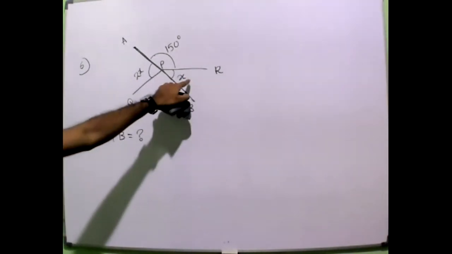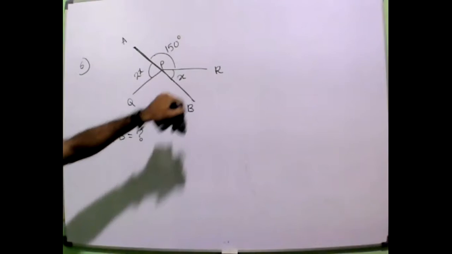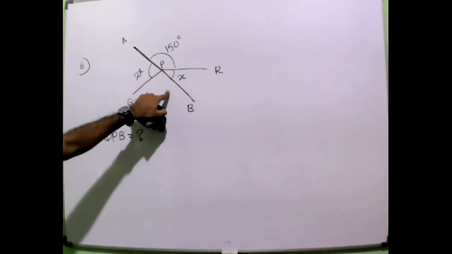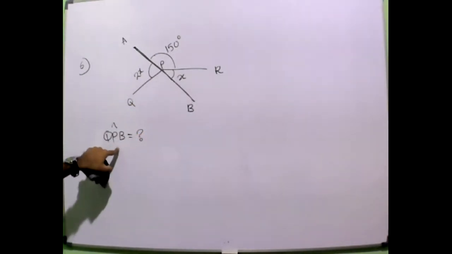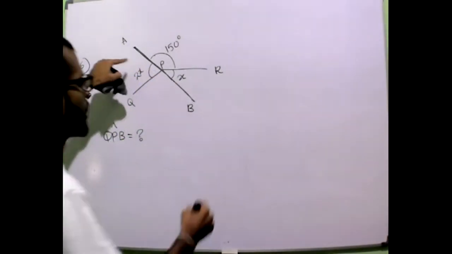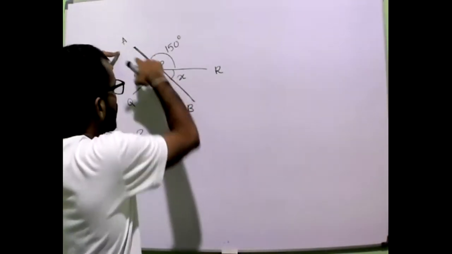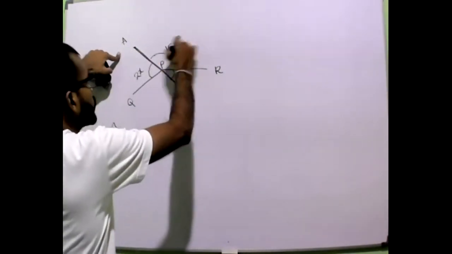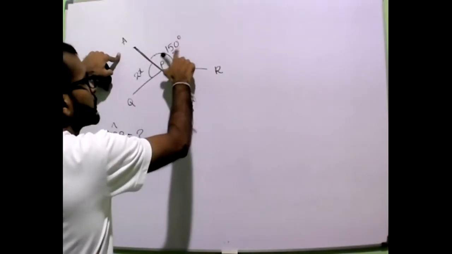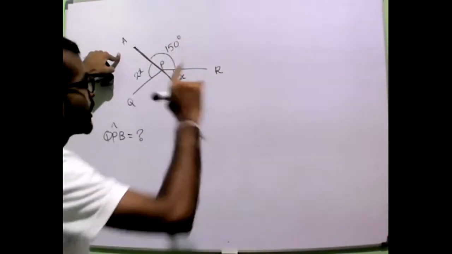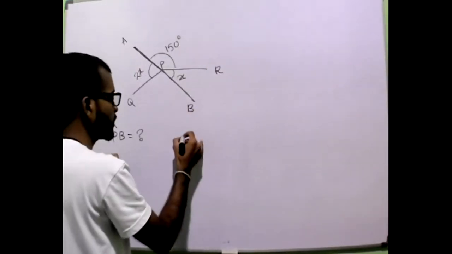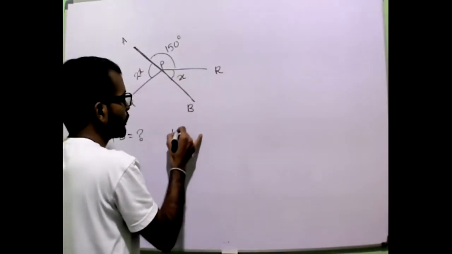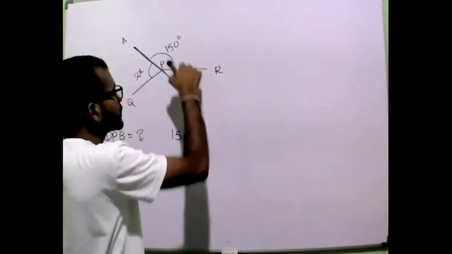Then only we can find the value of QPB. So first of all, I can write 150, because APR angle is, they are saying in the question, 150. So basically I can write 150 plus x.